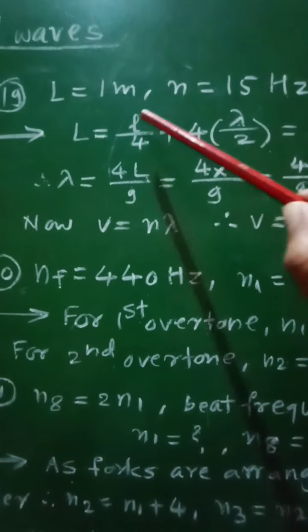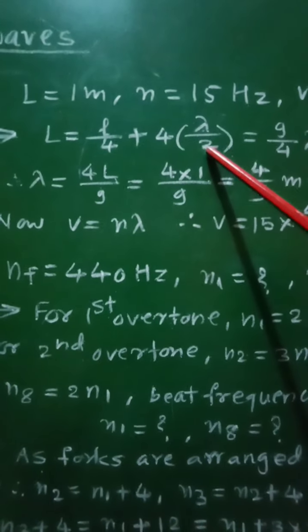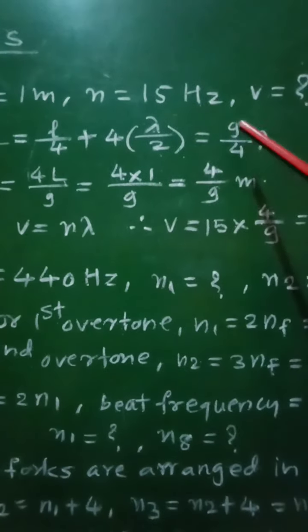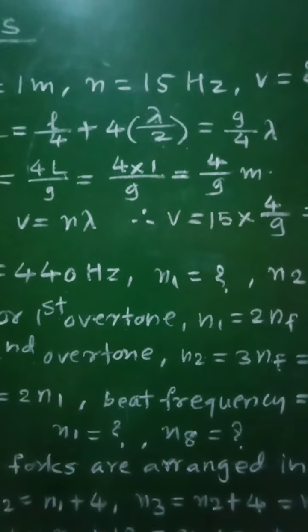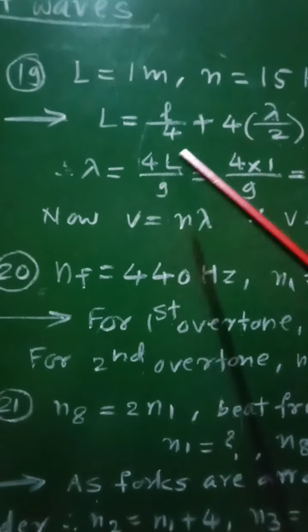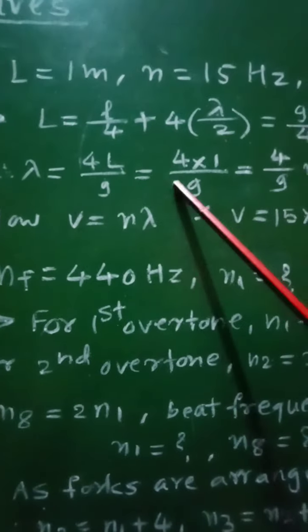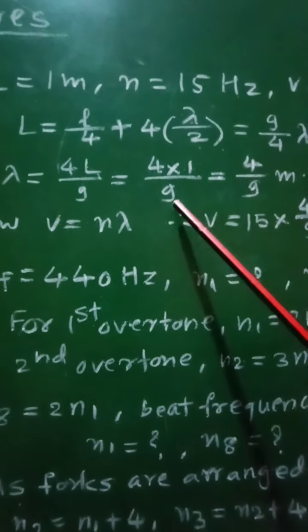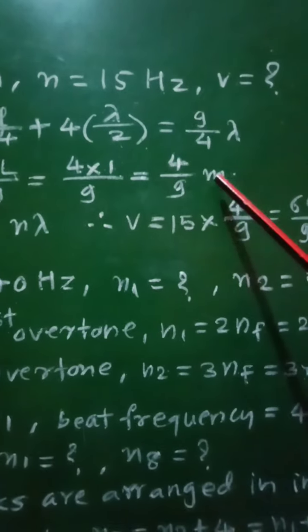L is equal to lambda by 4 plus 4 into lambda by 2, and therefore it will be equal to 9 by 4 lambda. Therefore lambda will be equal to 4L by 9, which is 4 into 1 by 9, that is 4 by 9 meter.